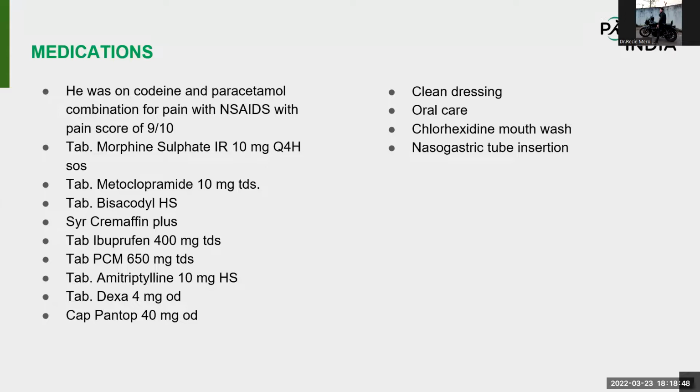Tablet ibuprofen 400 mg TDS. Tablet paracetamol 650 mg TDS. Tablet amitriptyline 10 mg for major depression, and tablet dexamethasone 4 mg OD for inflammation or allergic purposes. Tablet pantoprazole 40 mg OD. Clean dressing, oral care, mouthwashes, nasogastric tube insertion. Next slide.